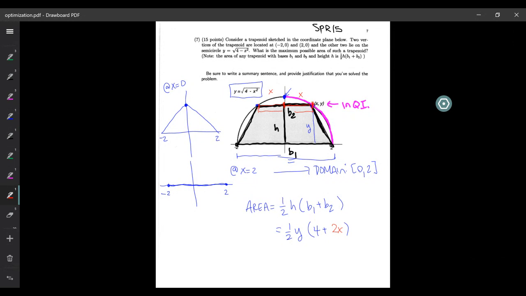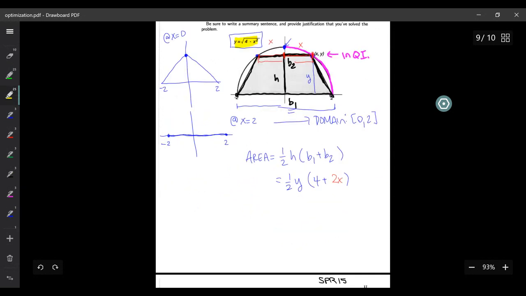And then they give you a formula for y. So I'm going to plug that in.